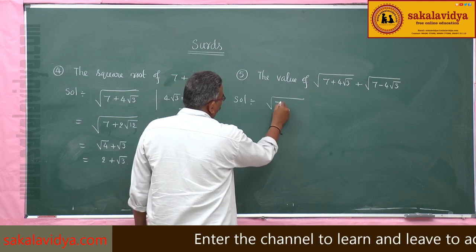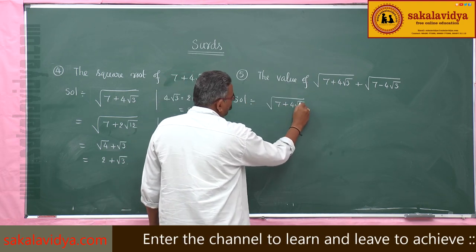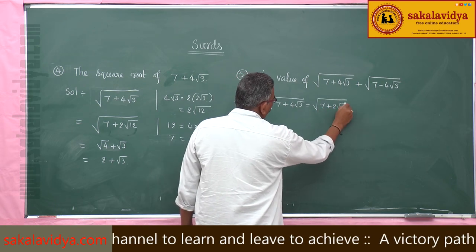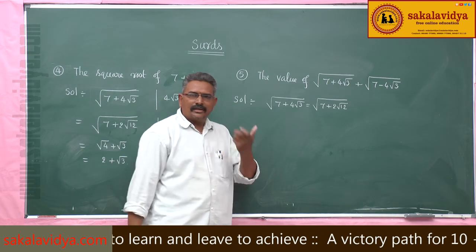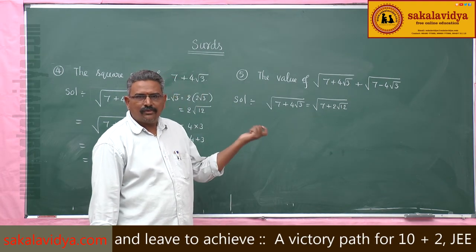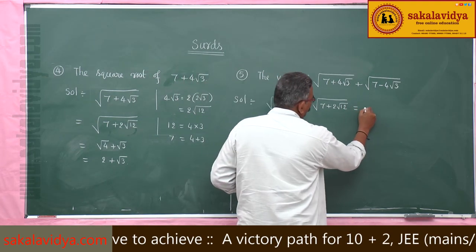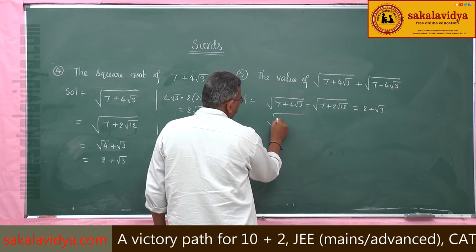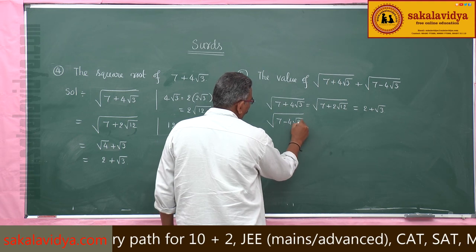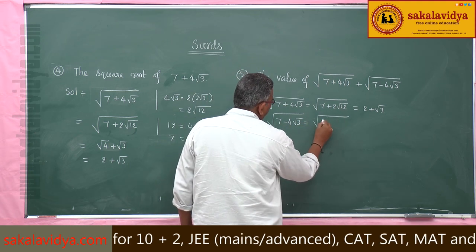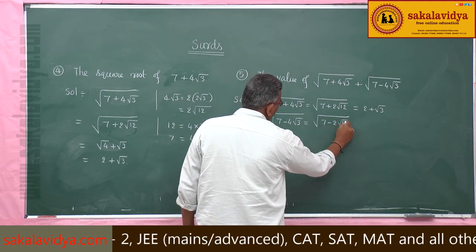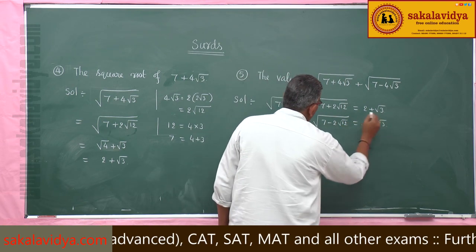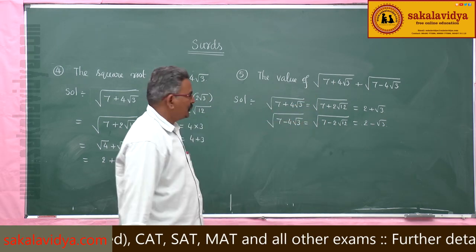Root of 7 plus 4 root 3 equals root of 7 plus 2 root 12. 12 can be written as 4 times 3, 4 plus 3 is 7, so it is 2 plus root 3. Root of 7 minus 4 root 3 can be written as 7 minus 2 root 12, which is 2 minus root 3. Simply we have to add these two.